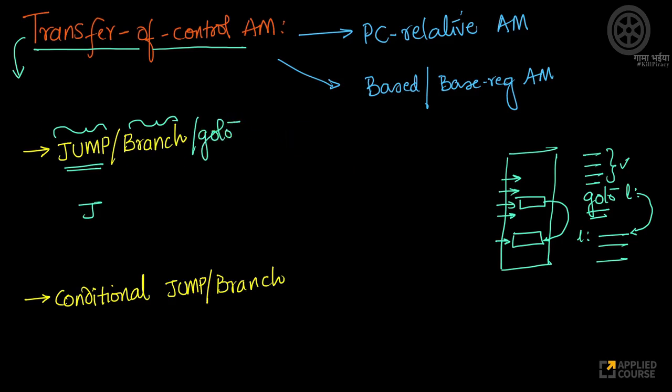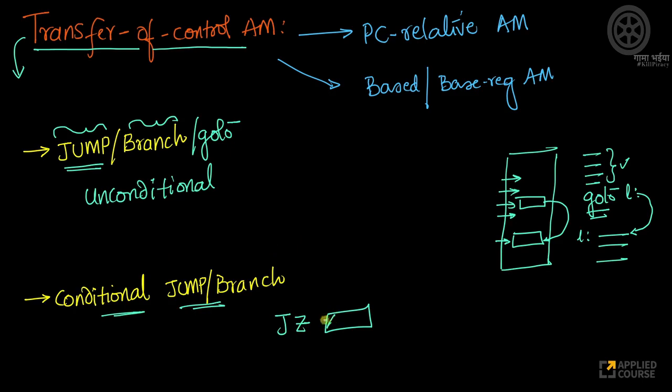So these are called unconditional jumps. There are two types of jump instruction: unconditional jump and conditional jump. In conditional jump or conditional branch statements, you check a condition. For example, you could say jump if 0 to some address.